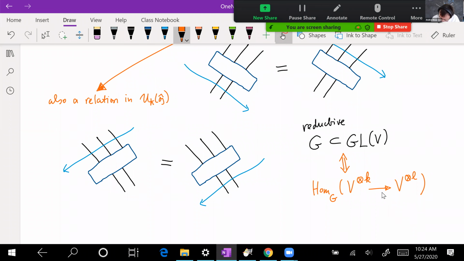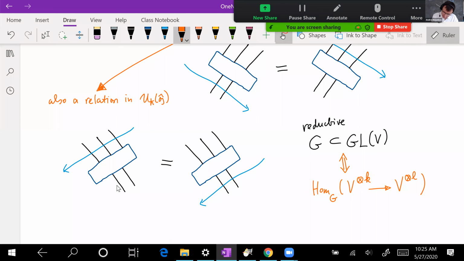These are invariants of my group in mixed tensors, so in tensors that have so many covariant and contravariant indices, and that is the same as to have a group. So if I know all invariants, I can reconstruct the equations of the group.